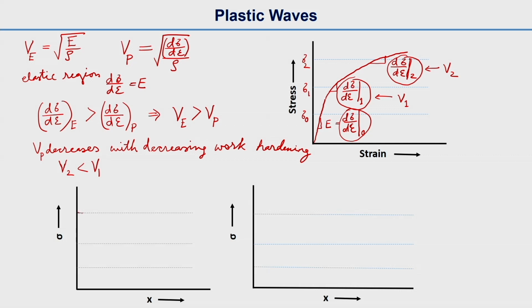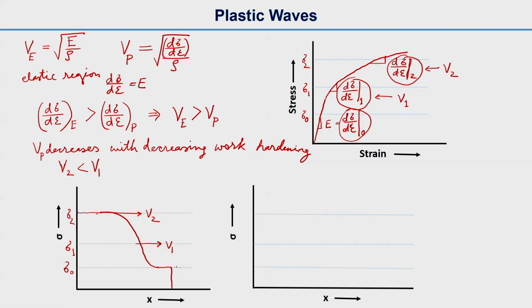So the velocity, we will start from the bottom. Here the velocity is high and constant, and then it will go something like this. Here we should write this also at sigma naught, at sigma 1 and sigma 2.